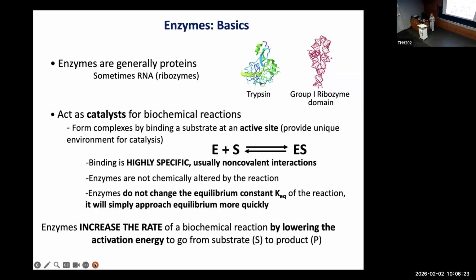So we'll be focusing on that. And the term where a substrate binds to an enzyme is called its active site. And that's where the specifics of the reaction happen. And so we talk about that complex in terms of an enzyme substrate complex.